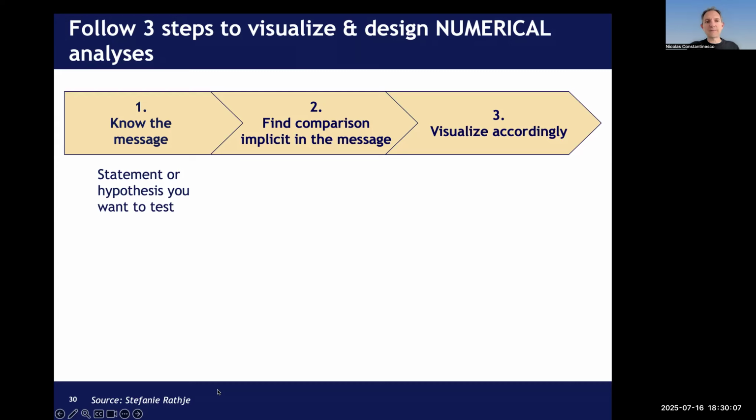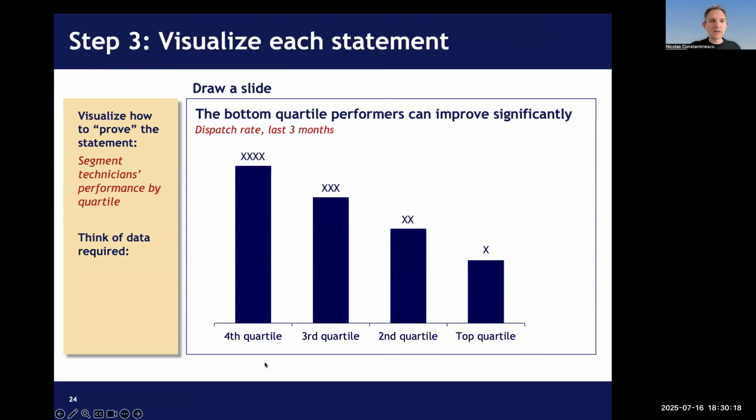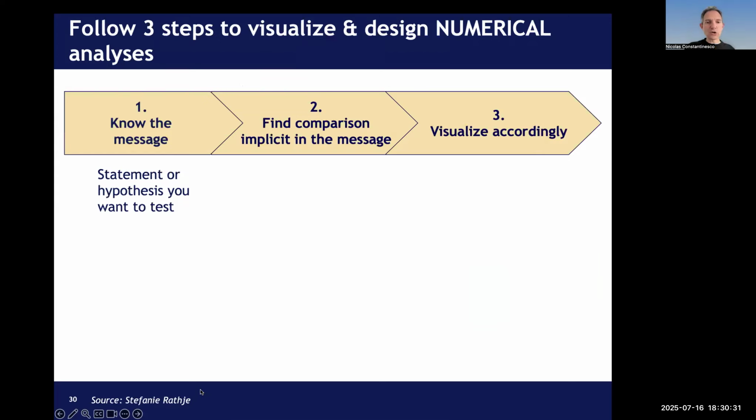For example, going back to what we were discussing earlier: the bottom quartile can improve significantly, which is a way of saying the bottom quartile performs much less well than the others. That's a comparison.